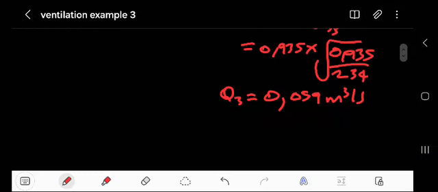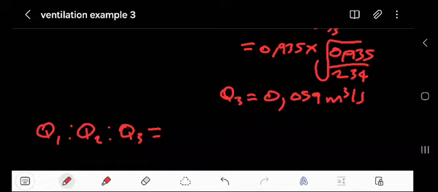Now let us say we want to find the ratios of these, because there are 3 of them, including Q3. So if you find the ratios, I want the actual Q1, Q2, Q3 will simply be equal to Q1.